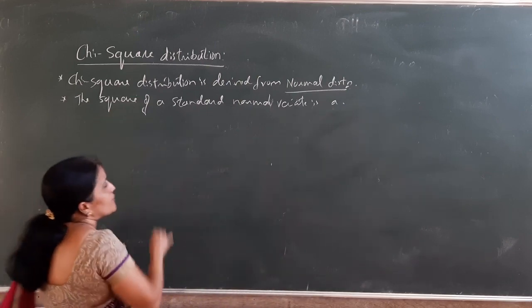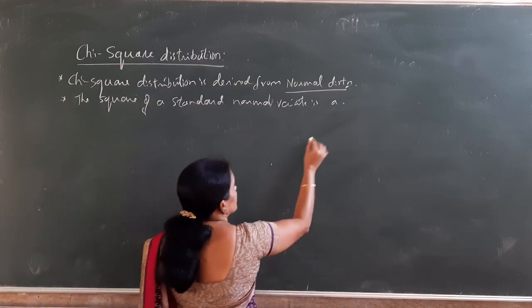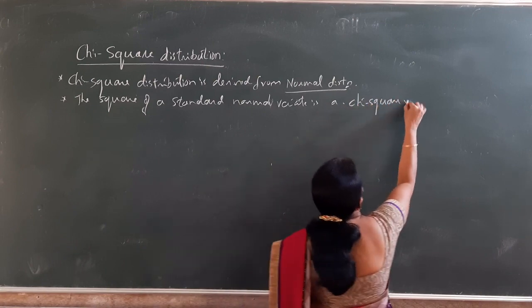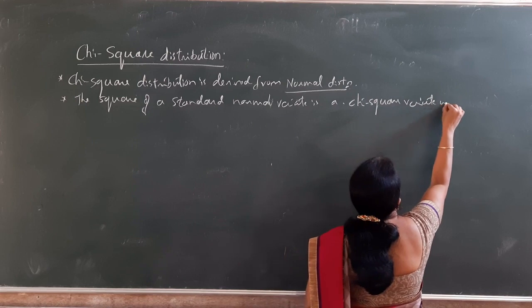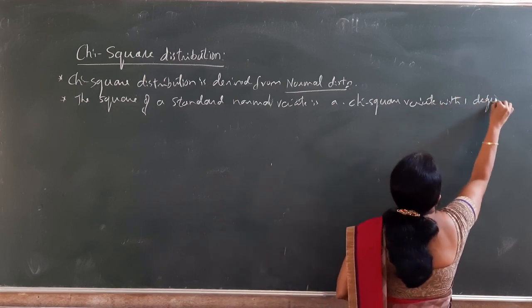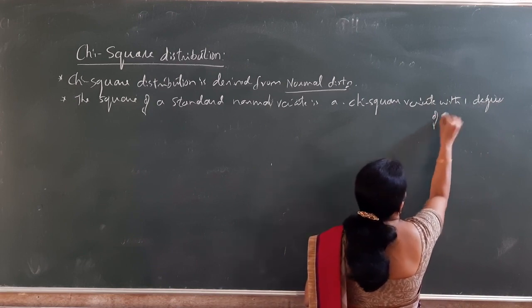Next, the square of a standard normal variate is a chi-square variate with 1 degree of freedom.